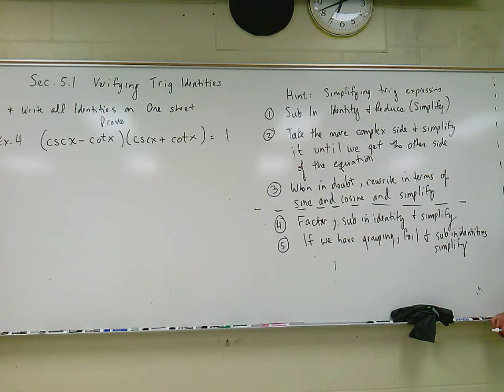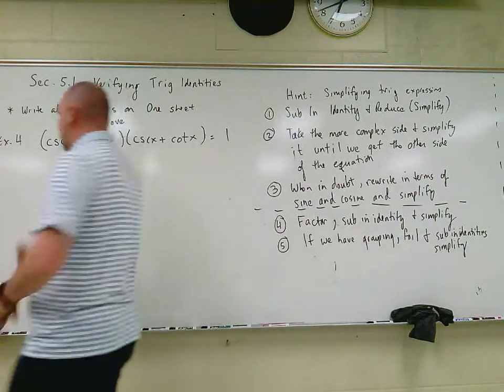I think a mistake, what's the downside of changing cosecant and cotangent into sines and cosines? What becomes the negative of doing that if you did that? If you change cosecant, what does cosecant equal in terms of sine or cosine? 1 over sine. So here's where there's a negative with this.